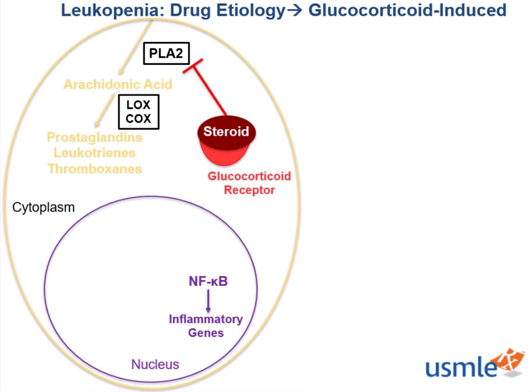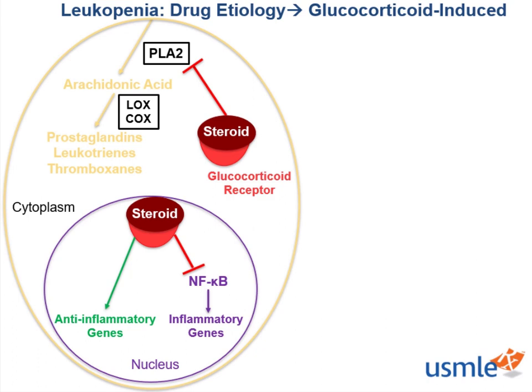The more long-term effect of glucocorticoids on inflammation centers around its genomic or DNA effect, as this complex can enter the nuclei of cells to inhibit the NF-kappa B promoted pathway of inflammation. Additionally, this complex promotes the expression of anti-inflammatory genes that produce anti-inflammatory proteins such as interleukin-10.